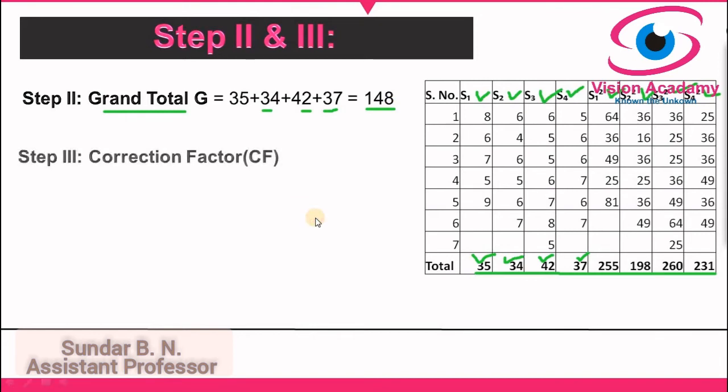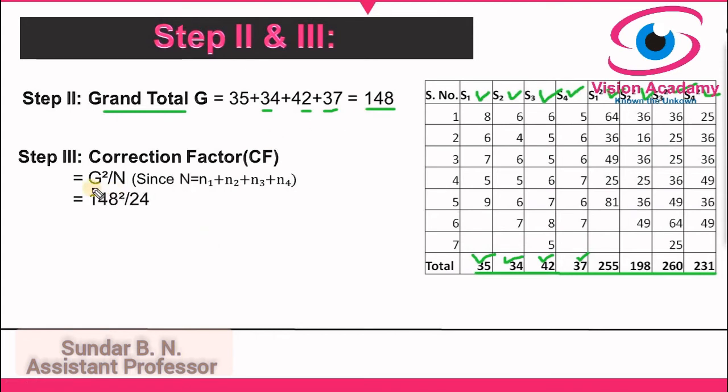Once we have found the second step, the third step is the correction factor. We know the formula for the correction factor: G square, that is the grand total squared, divided by N. N includes n1, n2, n3 and n4, which means we have 4 schools in this example. We take all the schools' sample sizes and divide the squared grand total by them, then we will have the correction factor.